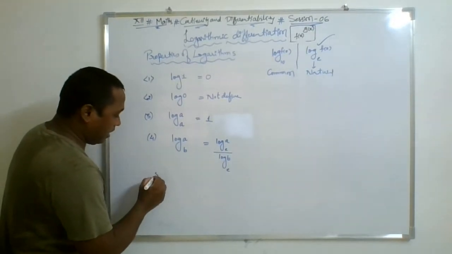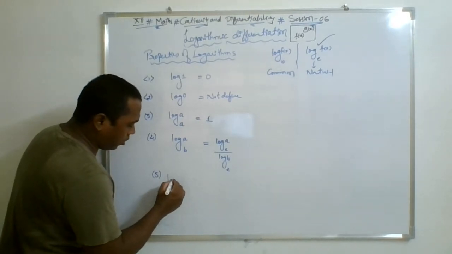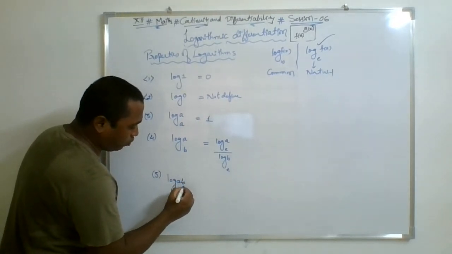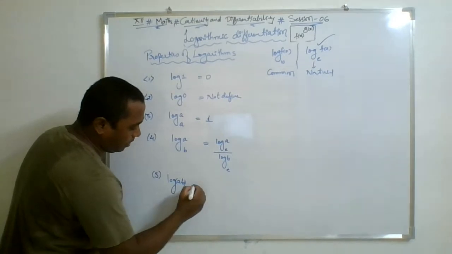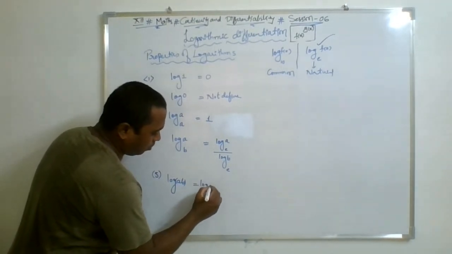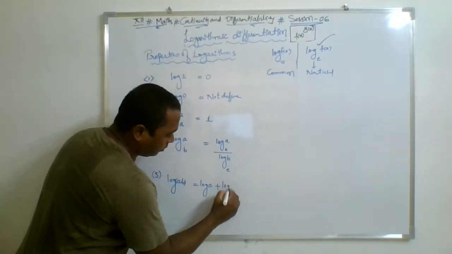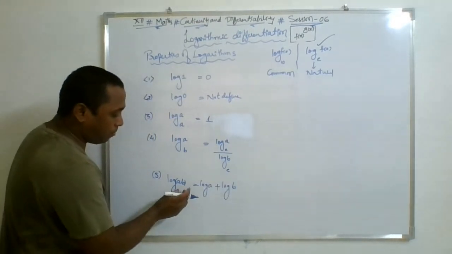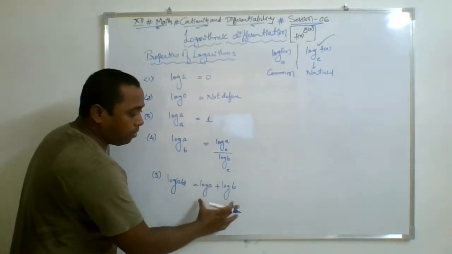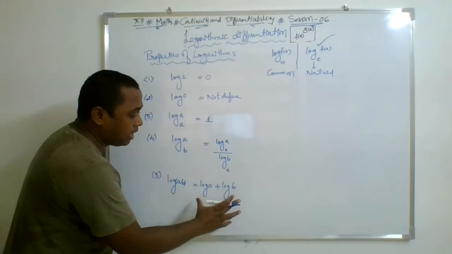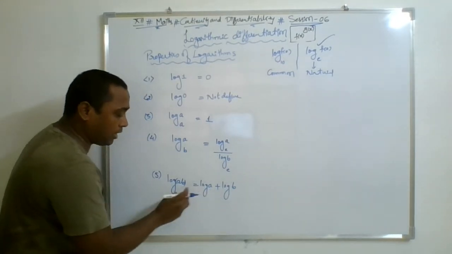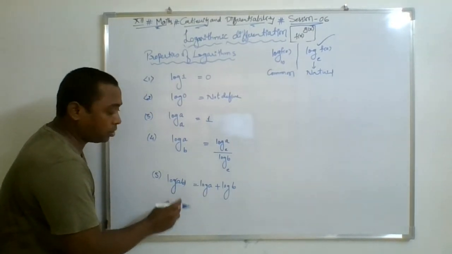Then the fifth one is log of a into b, that is log ab, can be written as log a plus log b. Means the product can be written as the sum of two logarithmic functions, and the sum of two logarithmic functions can be written as the product of the two functions.